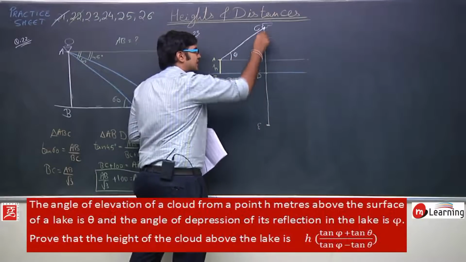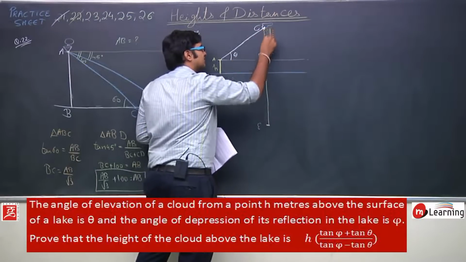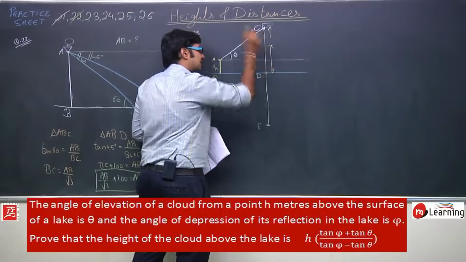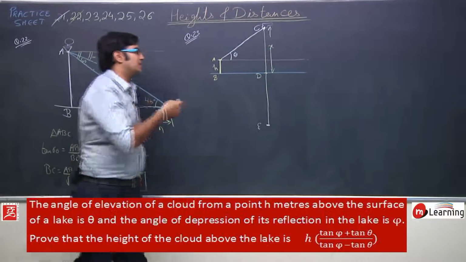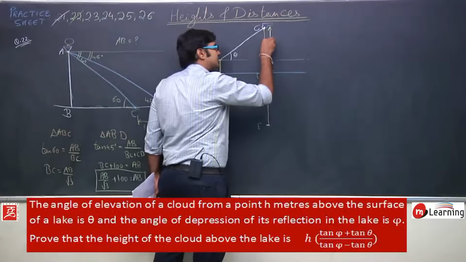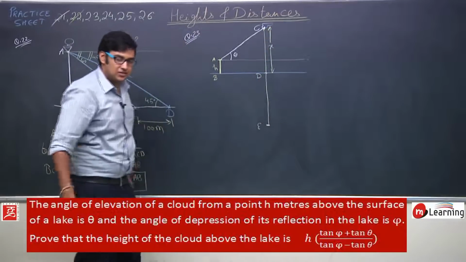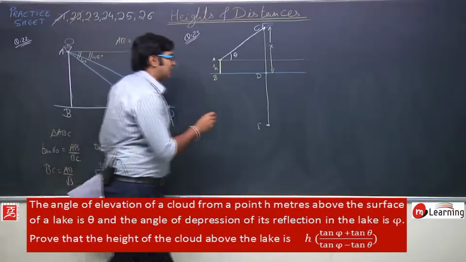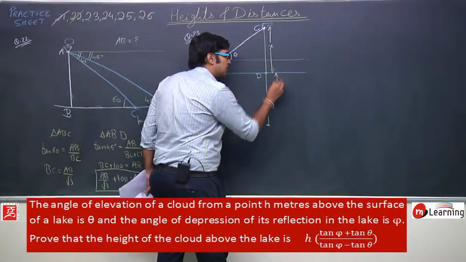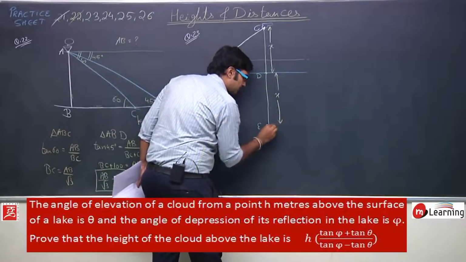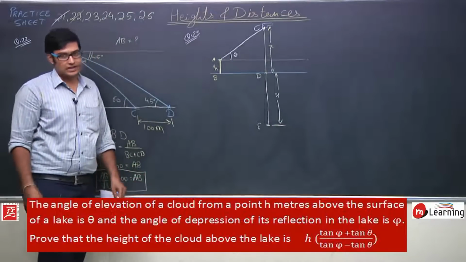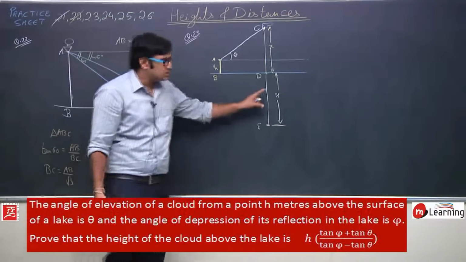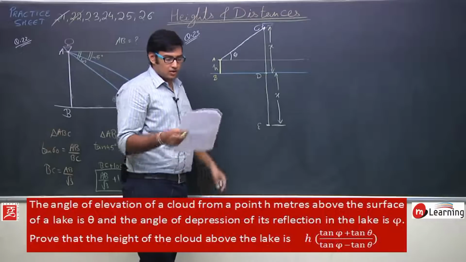Let us say the cloud is at a distance of x meters above the lake surface, so its image will be formed exactly x meters below the surface of the lake.